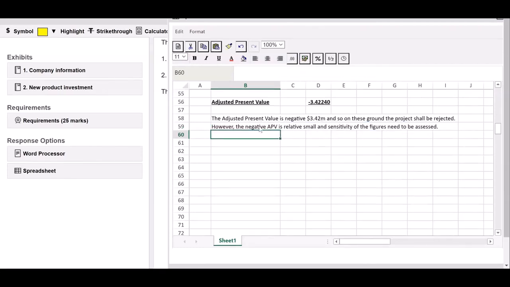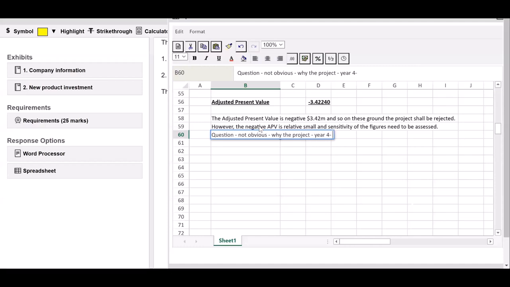Now, what further? Questioning the scenario, we can state that it is not obvious why the project is terminated at the end of year 4. If that time horizon was extended, we could have got a positive APV. So here, let's question that it is not obvious why the project is terminated at year 4.